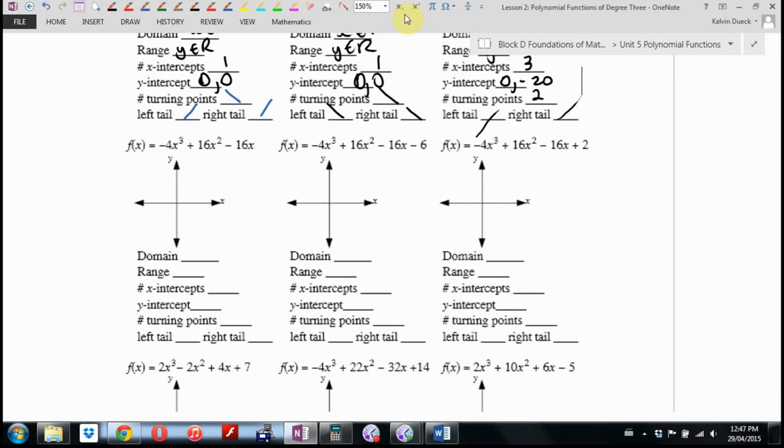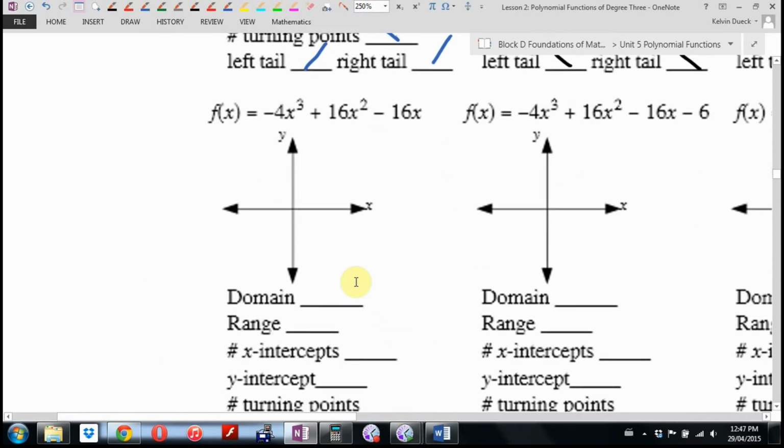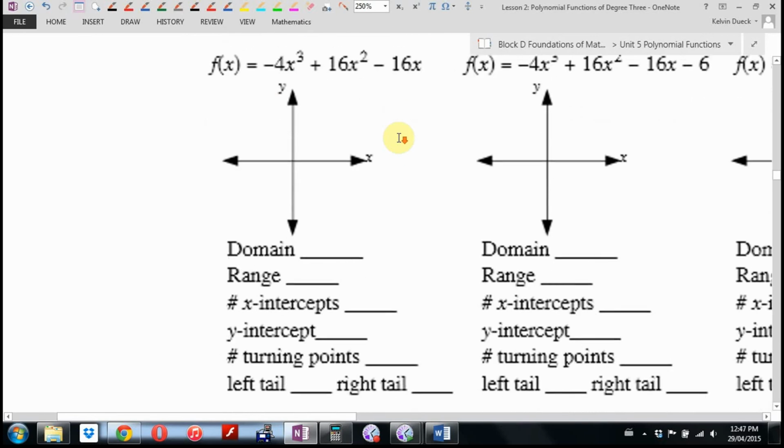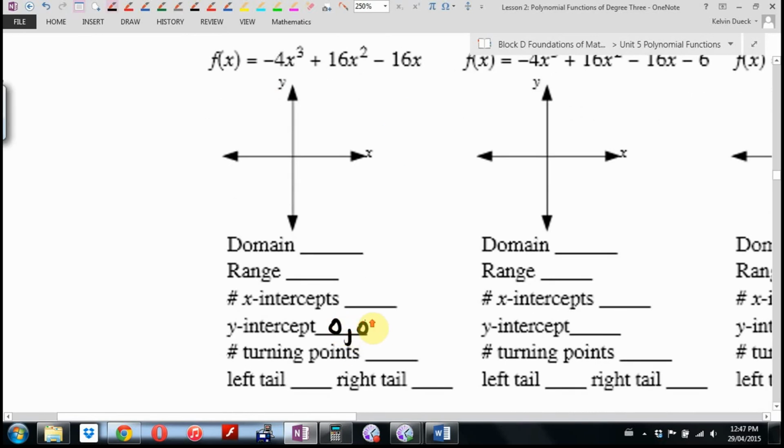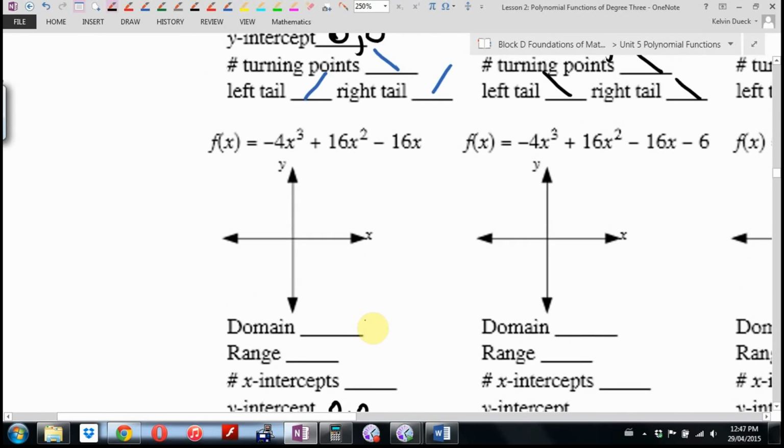Okay. Now, let me zoom into this one here. Look at this equation. Before we even graph, here's what we know already. What's the y-intercept of this equation here? 0. I can fill that in. 0, comma 0. Hey, what's the left tail and right tail behavior?